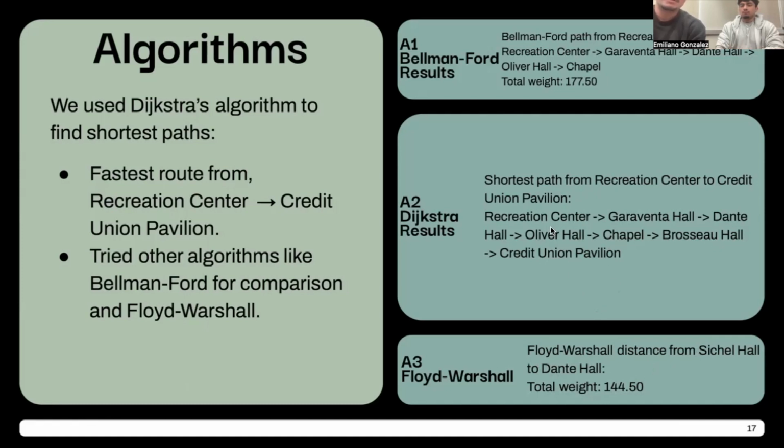Out of all the algorithms, I'd say Bellman-Ford was the best one for us because it printed out the path and the total weight as well. We just used pre-made references for the algorithms using NetworkX. It already had the library and the different variables for the algorithms.